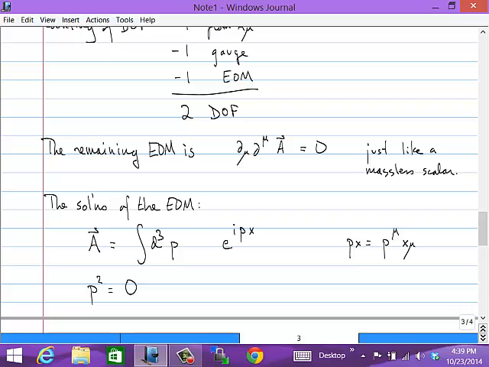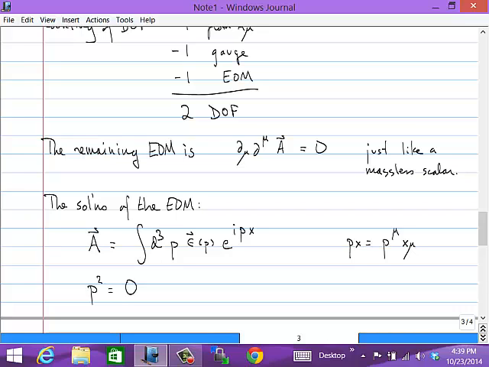So p0 would be plus or minus the square root of p vector squared. And then there needs to be some prefactor. A is a vector, so the solution needs to be a vector, that I'll call epsilon. And epsilon can be some vector that depends on p.